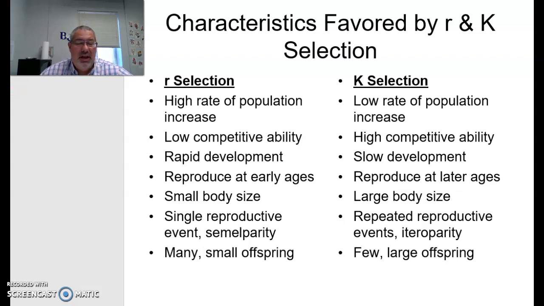The third slide in this video just provides a chart of characteristics of R and K selected species. One of the videos that I put up on Canvas shows you that there's a lot of gray area. One organism can be R selected at one point in its life and K selected in another.